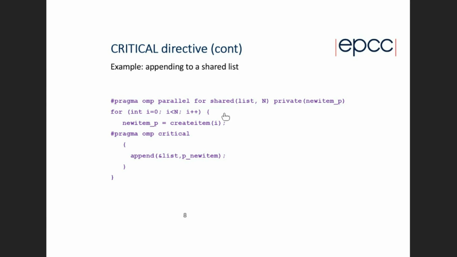Okay, so imagine here I've got a parallel loop, and then in every iteration of the loop, this create item function returns a pointer to a new item. Again, I've got more typos in here. I'm doing badly today. Okay, this is supposed to be the same as that. And then what I want to do is append that new item into the shared list.